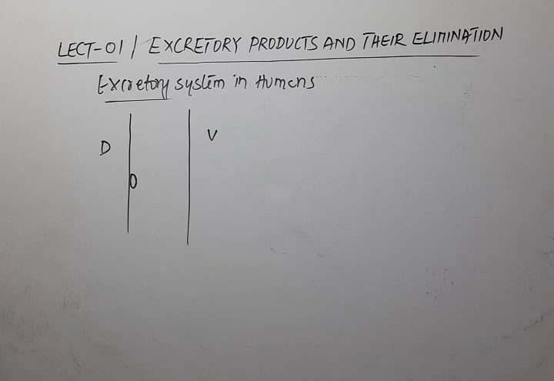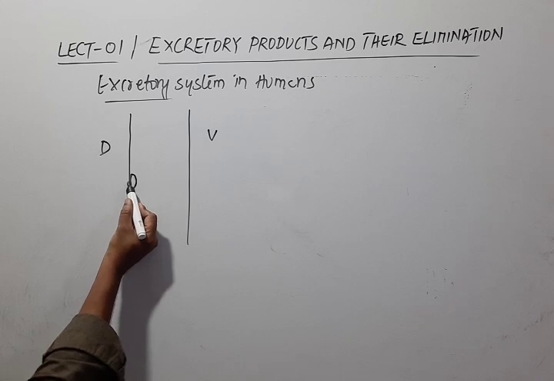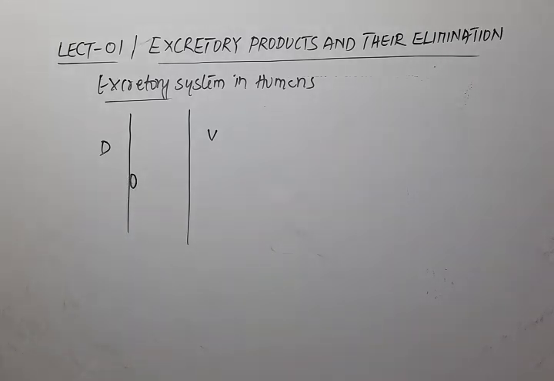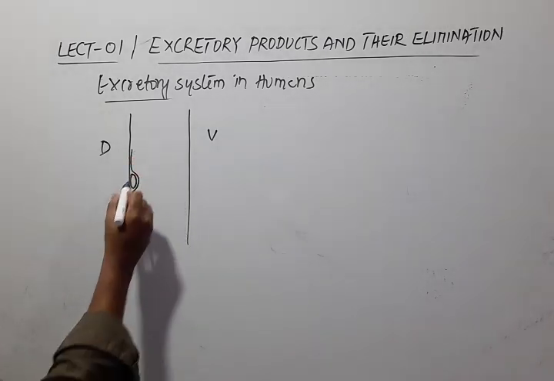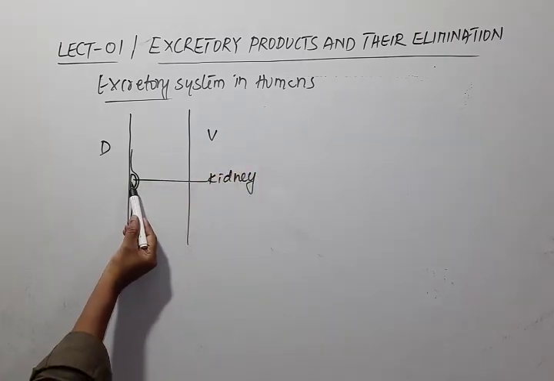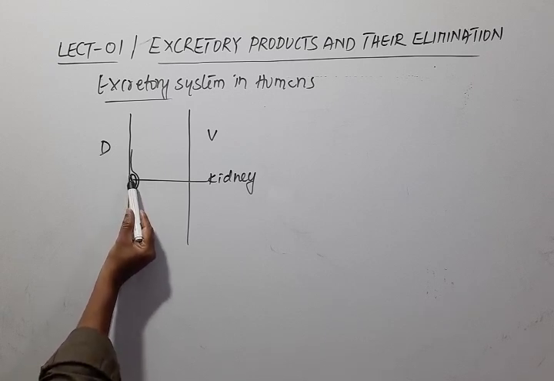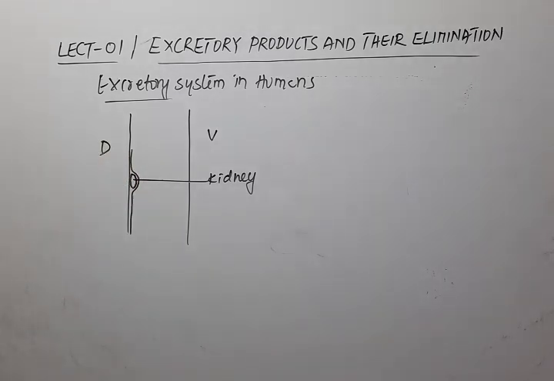Now the dorsal surface of the kidney is attached to the inner wall of the dorsal side, and the ventral surface of the kidney is covered by the peritoneum layer. So here is the kidney. I said that the dorsal side of the kidney is very close to the inner wall of the dorsal side, and that is not covered by the peritoneum.